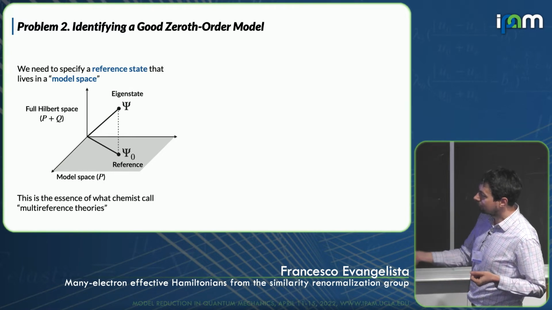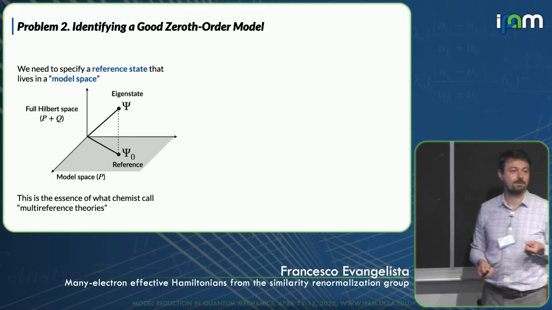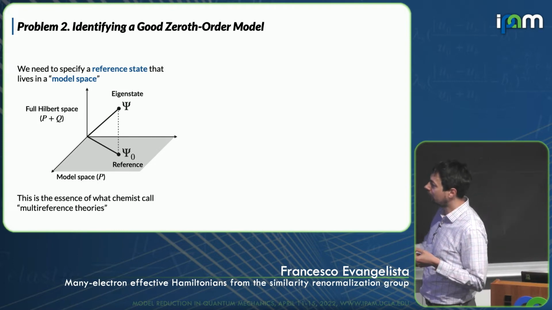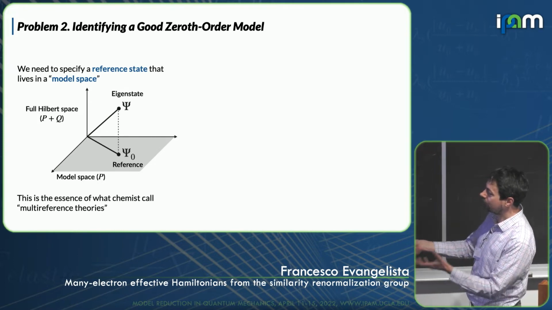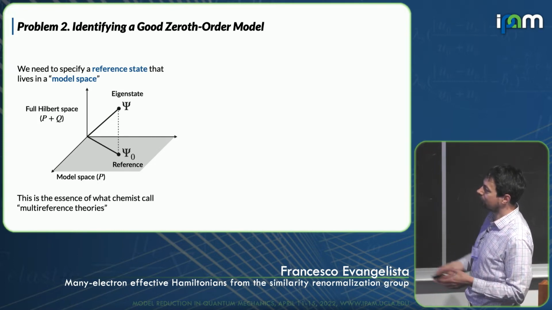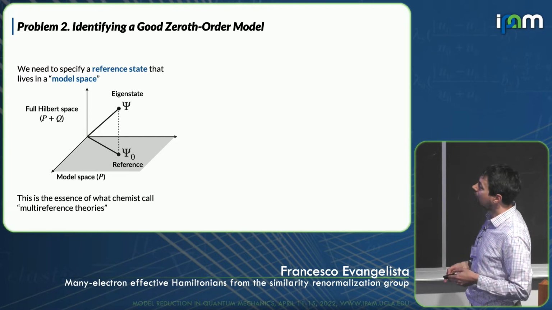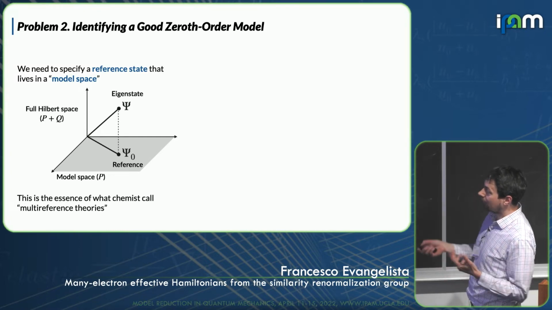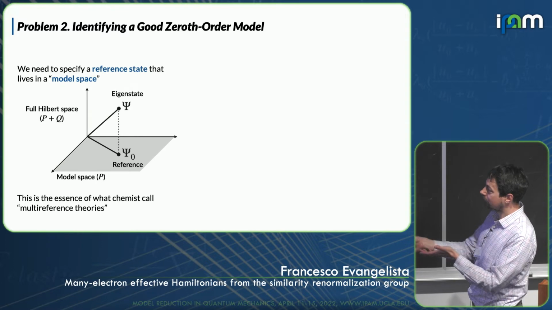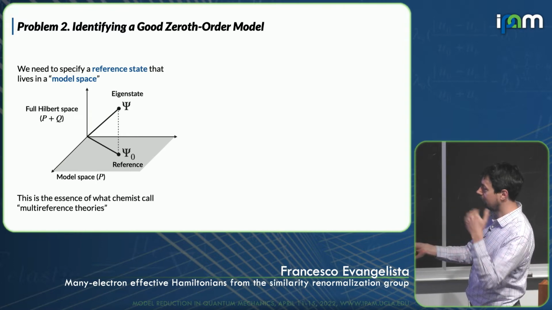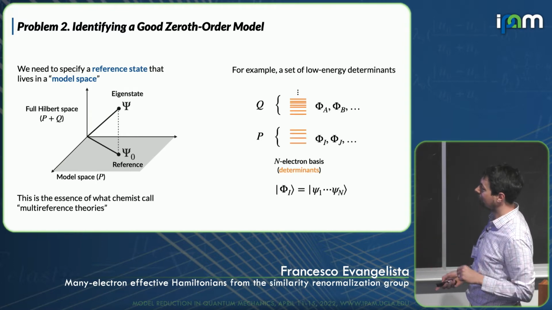So in essence, this is what chemists call multi-reference theories, because here we have a linear combination of many-body states that determines this reference state. And it might be that I have to do this self-consistently because, of course, I don't know what's the exact eigenstate. But I'm going to neglect that point from my talk.